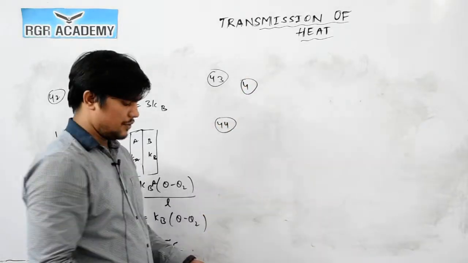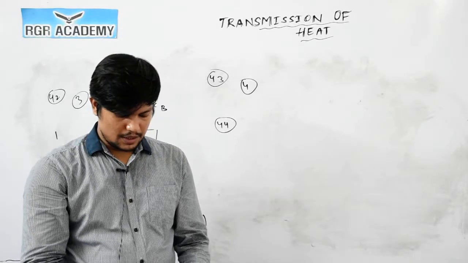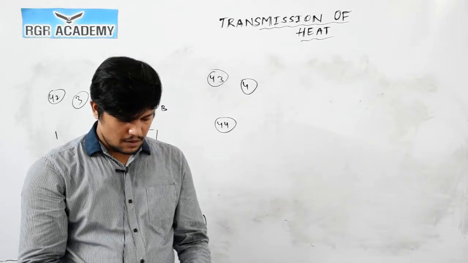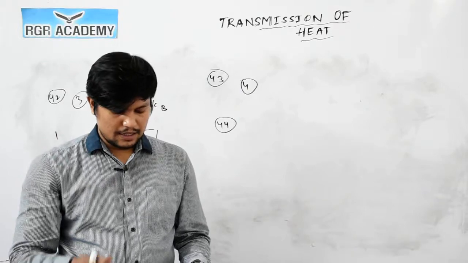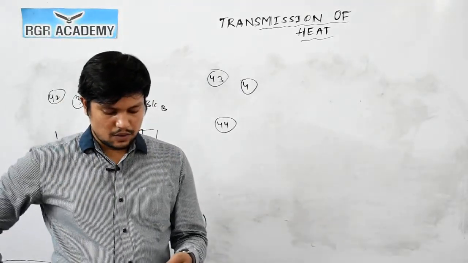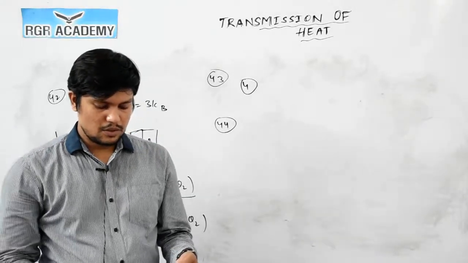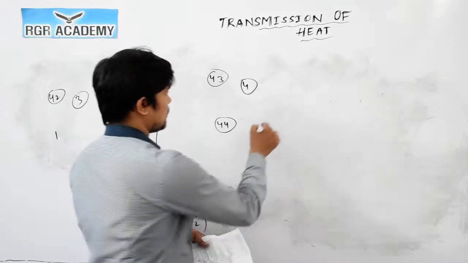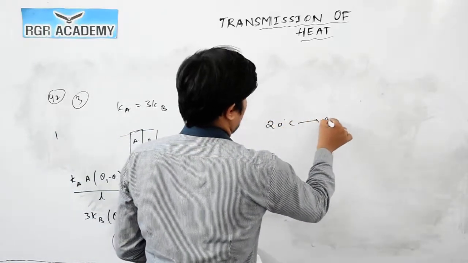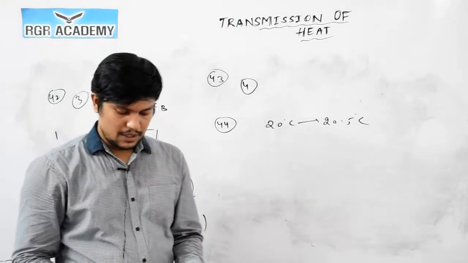Now question number 44. The total energy radiated from a black body source is collected for 1 minute and is used to heat a quantity of water. The temperature of water is found to increase from 20 degrees Celsius to 20.5 degrees Celsius, so the change in temperature is 0.5 degrees Celsius.